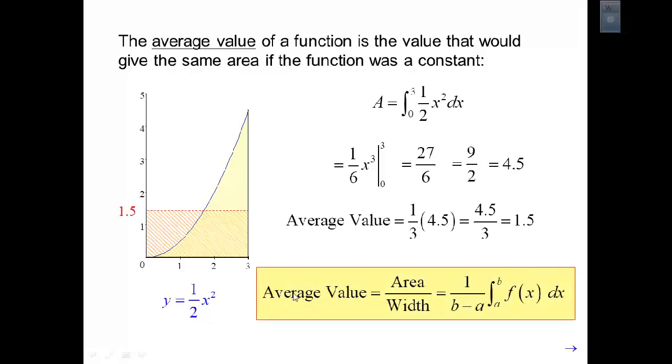So the average value, an easy way to find it, is just the area under the curve divided by the width of the interval. The way you find that is 1 over b minus a times the integral from a to b of f of x dx.